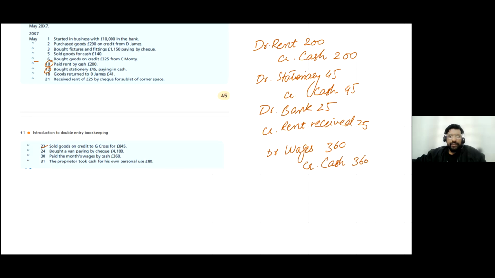The proprietor took cash for his own personal use. Proprietor means the owner. So the owner takes money out for their own personal use. We call it drawings. And drawings are always debit.